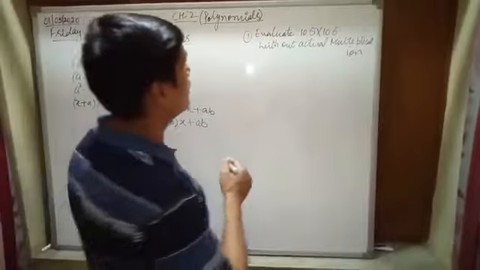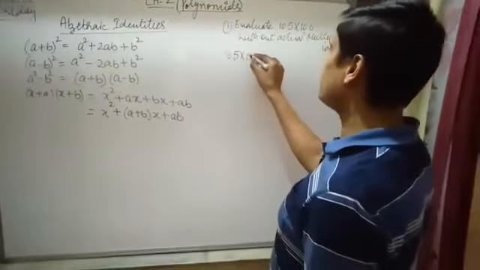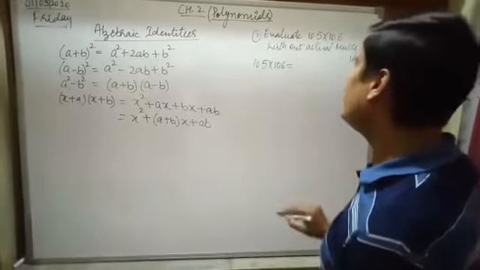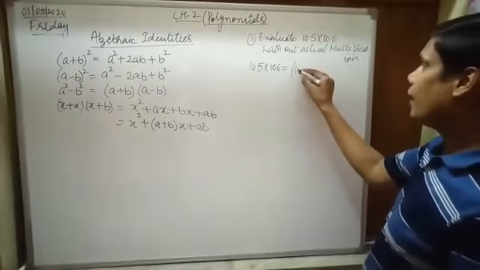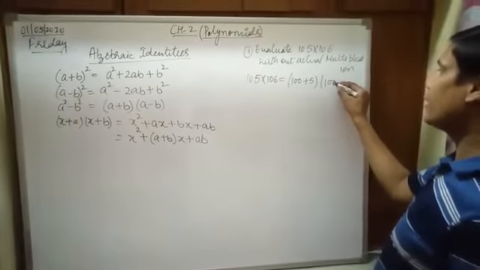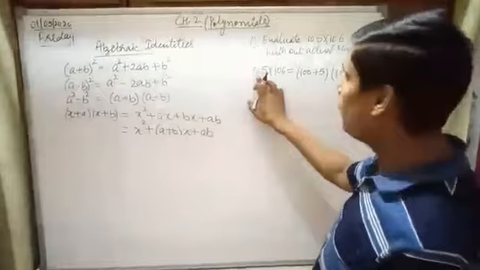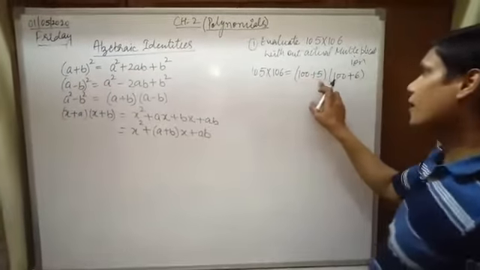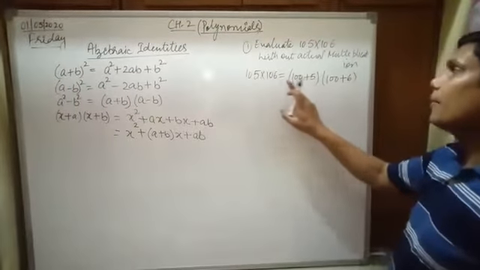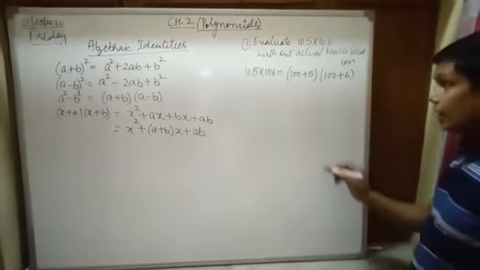Then what is the procedure? 105 into 106, we can rewrite it as (100 plus 5) and (100 plus 6). 105 can be rewritten as 100 plus 5. 106 can be rewritten as 100 plus 6.